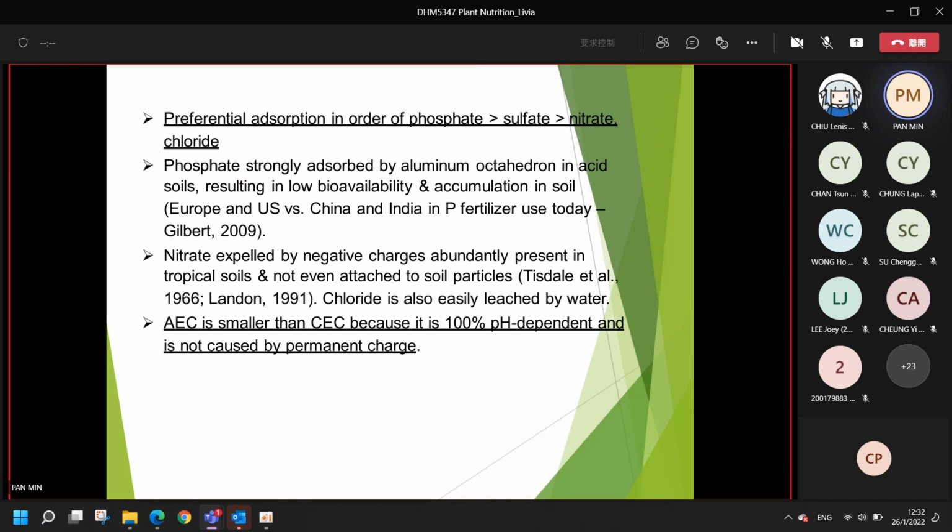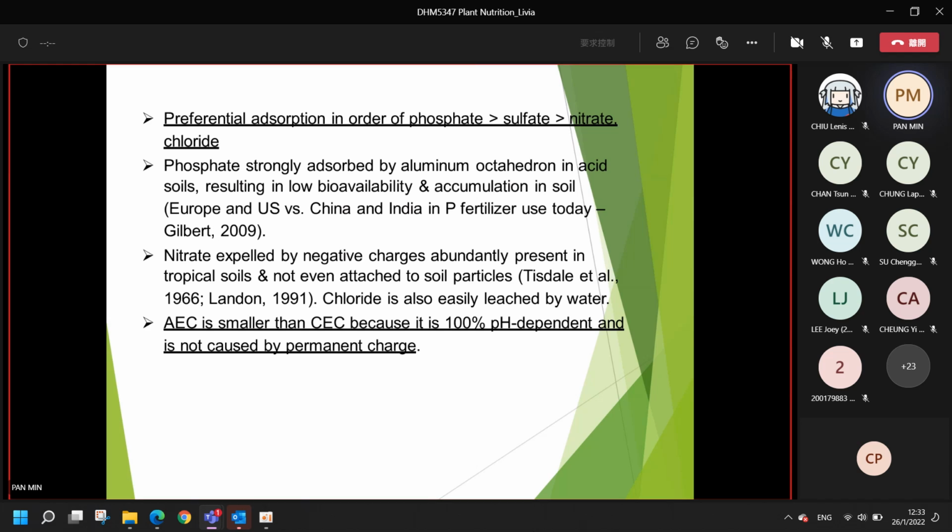The same is true for chloride. So for this type of AEC, the anions, nitrate, nitrite, or chloride, are easily leached out. It's difficult for them to be retained in the soil.